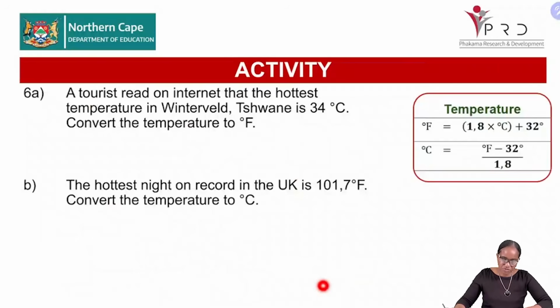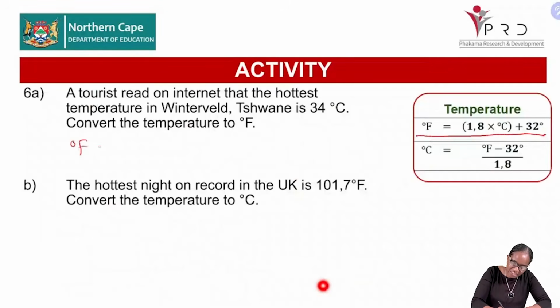We go to temperature. A tourist read on the internet that the hottest temperature in Winterveld, Tshwane, is 34 degrees Celsius. Convert the temperature to degrees Fahrenheit. So we are going to use this formula. We want to change to degrees Fahrenheit.